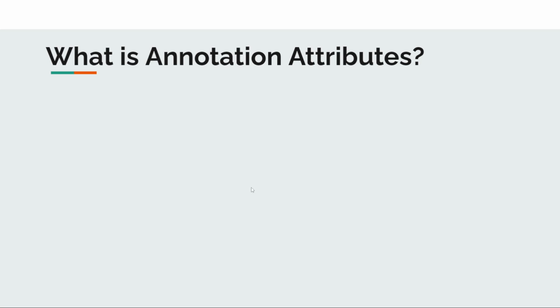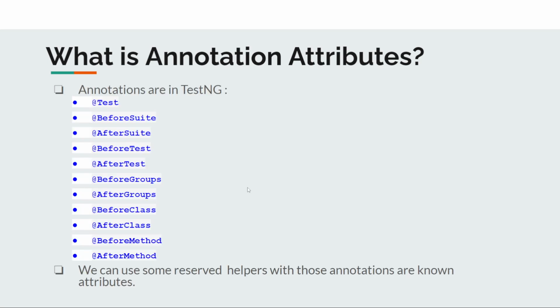So what are annotation attributes? In TestNG, we have learned in our previous lectures there are a number of annotations like @Test, BeforeSuite, AfterSuite, BeforeTest, AfterTest, and so on. Those annotations are reserved features in TestNG, and with those annotations there are some specific helpers that we can use, known as attributes.